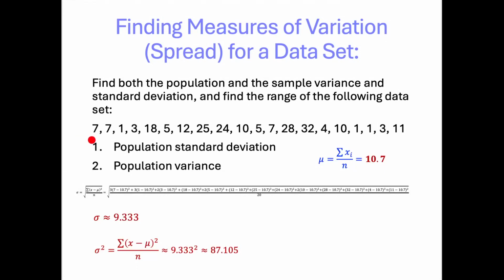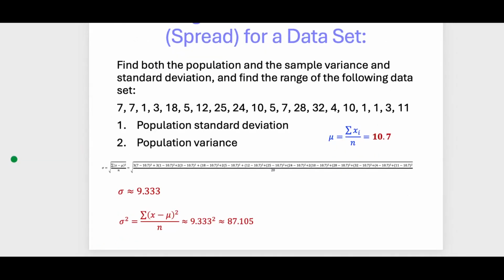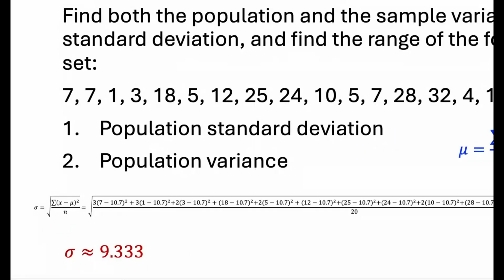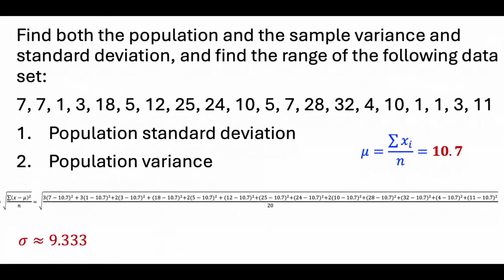So our first task was to find the population standard deviation and then the population variance. Now, if you remember, when we look for the standard deviation, we actually need the mean in our calculation. This is very small here, so I'm going to zoom in. But notice the population standard deviation sigma, that's the Greek letter sigma right there, it's equal to the square root of the sum of every x value that we have in our data set minus the mean.